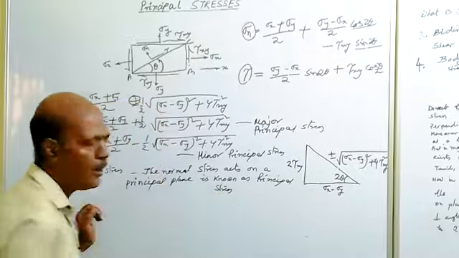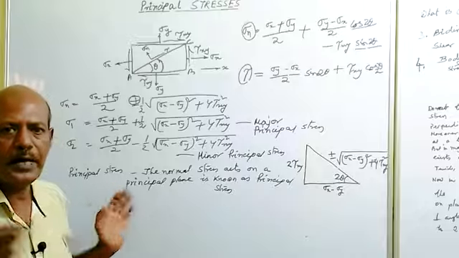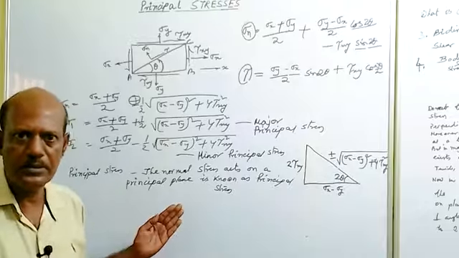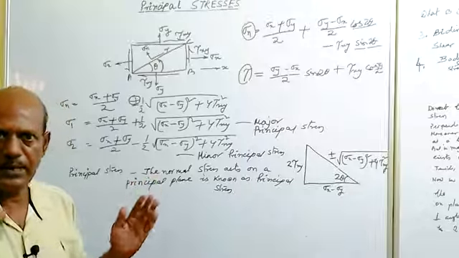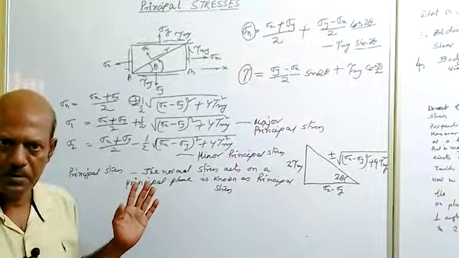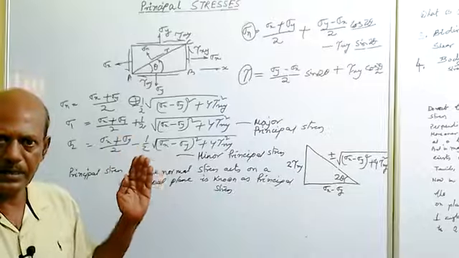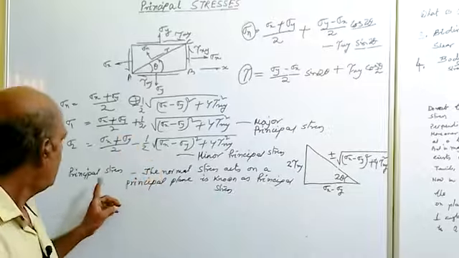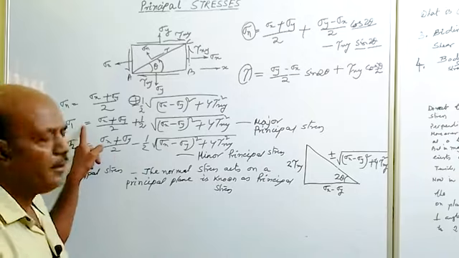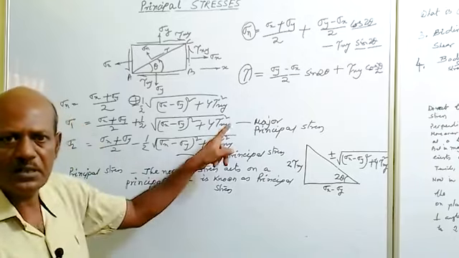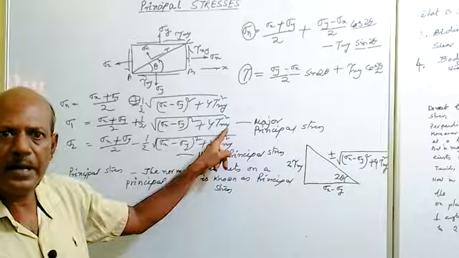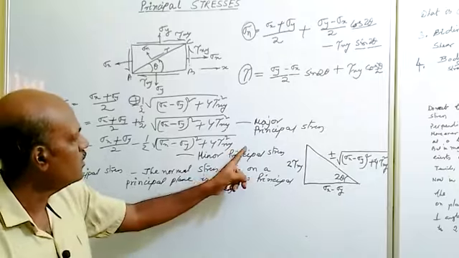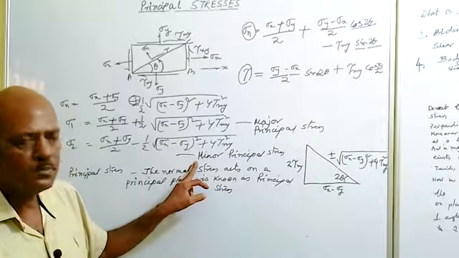So for a two-dimensional body, there will be two such planes where only normal stress will exist. So those two planes are called the principal planes. They will be at an angle of 90 degrees with each other, and one plane contains the maximum stress, that is called the major principal plane, and the other plane which will contain the minimum principal stress is known as the minor principal plane.